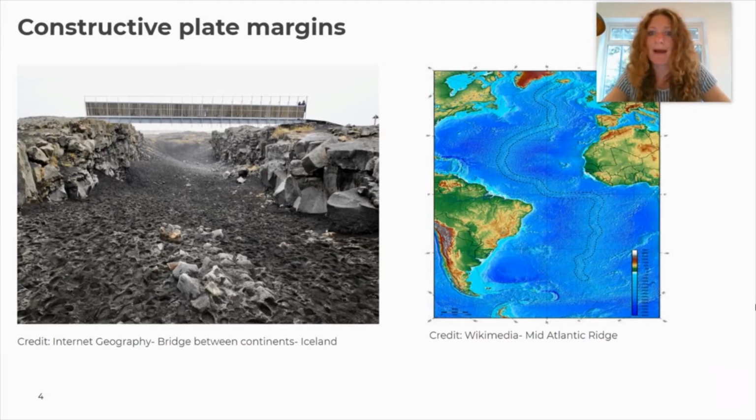Now, let's have a look at the map that is on the right-hand side of your screen. Can you see down the middle of the Atlantic Ocean, there is that slightly dotted line? That represents what we call the Atlantic Ridge.